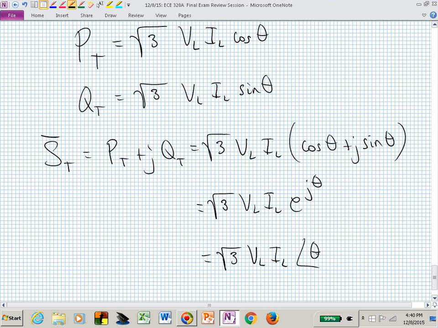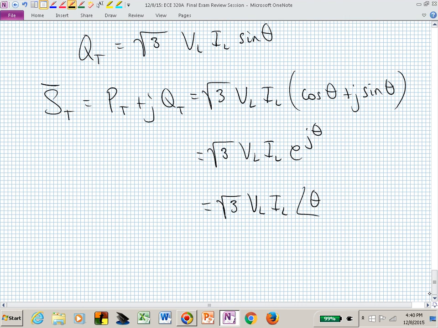And we could represent e to the j theta by just saying angle theta, which is our shorthand. It's like a polar form of this complex number. We could say that's equivalent to the magnitude with the angle of S sub t.